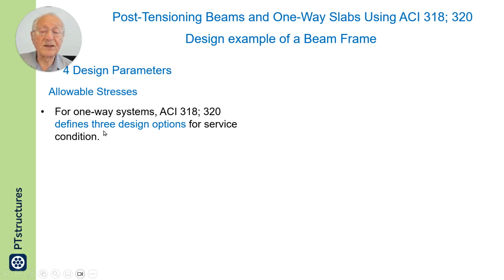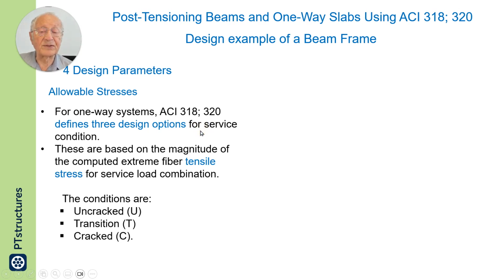ACI defines 3 design options for allowable stresses. These are based on the tensile stress at the extreme fiber of the member, depending on the magnitude of the tensile stress at the extreme fiber.